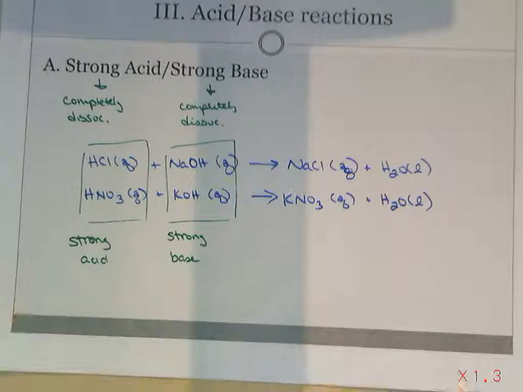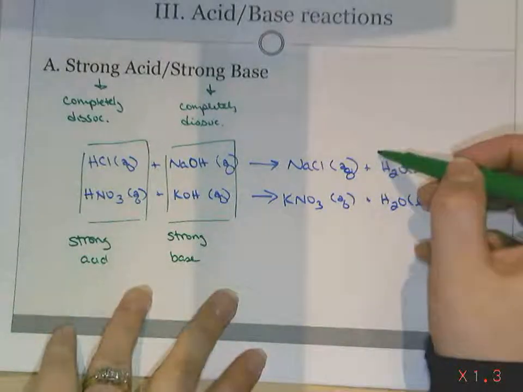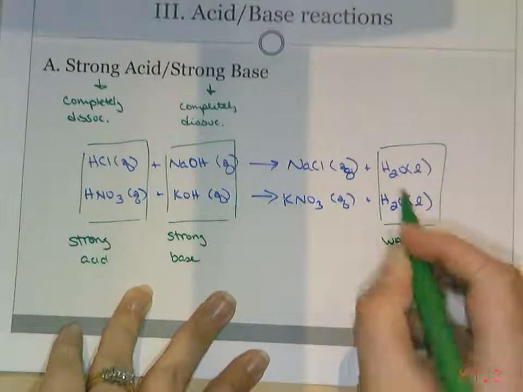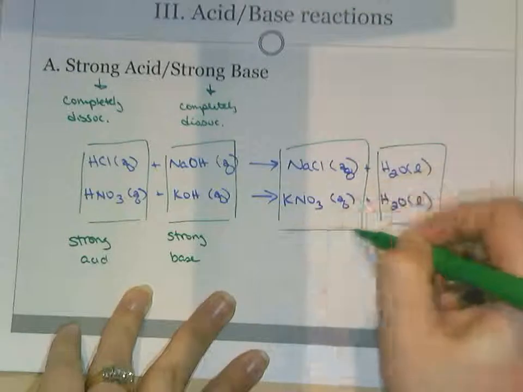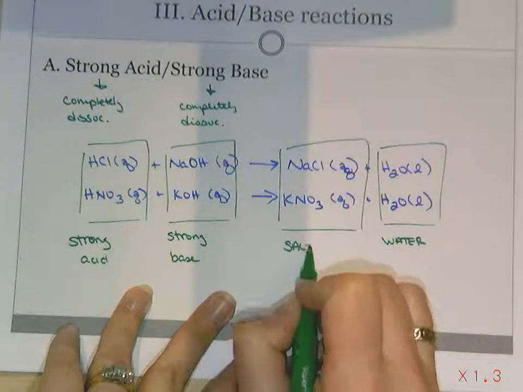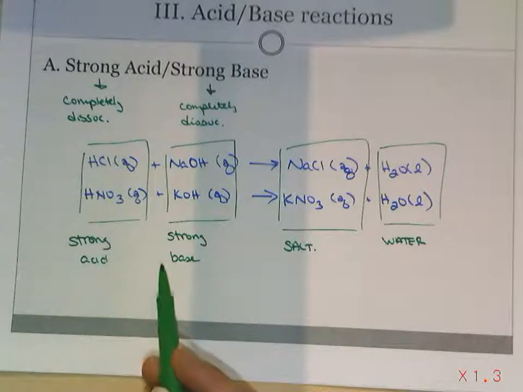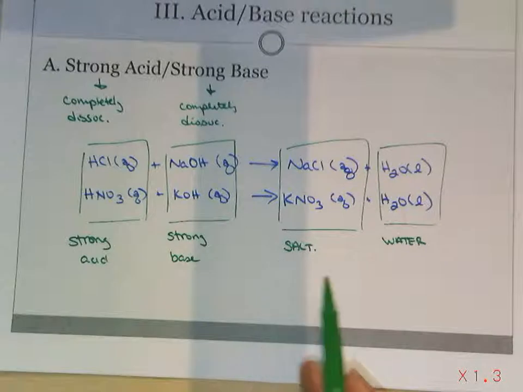And both of them made water, right? Water. And a salt. So every time you have a strong acid with a strong base, you'll make a salt and pure water again.